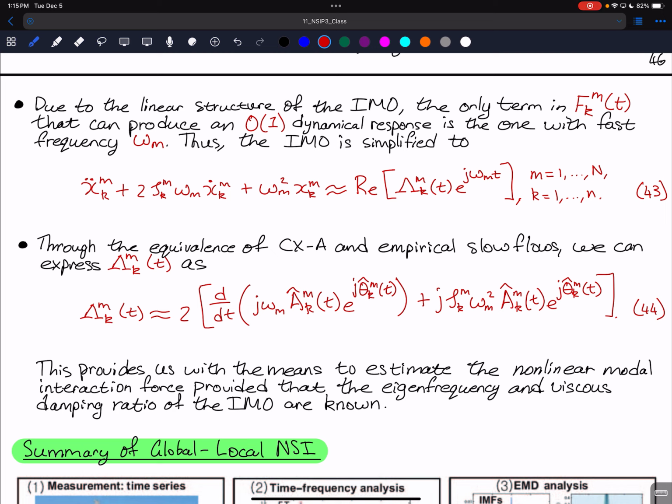Once you have these lambdas, you can study the effective forcing function, and that allows you to determine the different types of modal interactions occurring in the response.